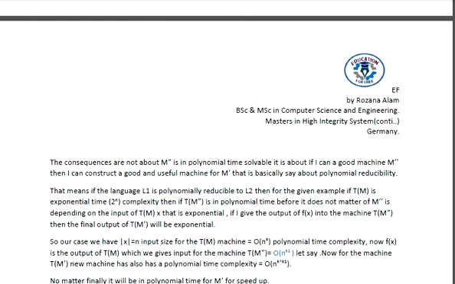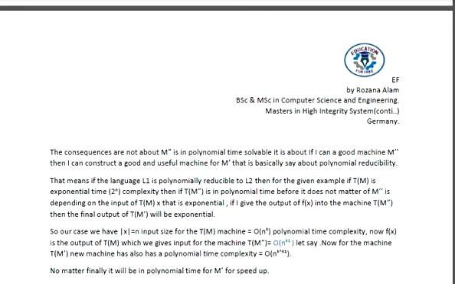In our case, we have input size n and input size n. So the Turing machine M will have order of n to the power k polynomial time complexity. Now f of x is the output of the Turing machine M, and let's say this output has the order of n to the power k1.